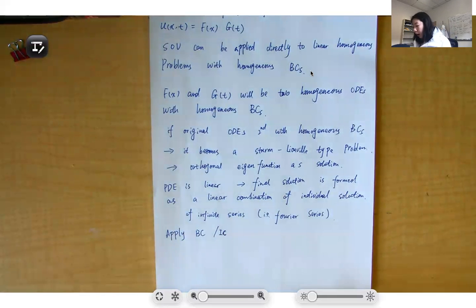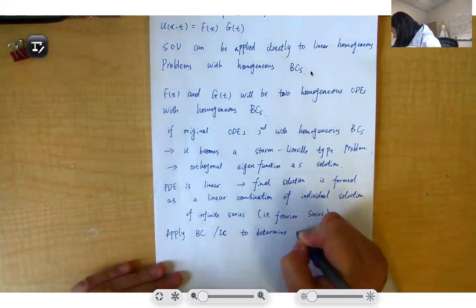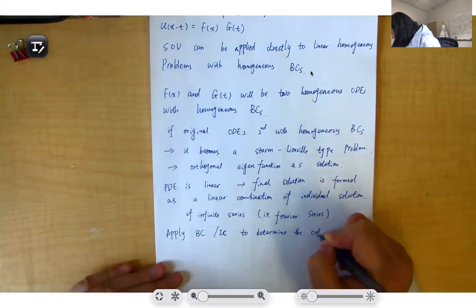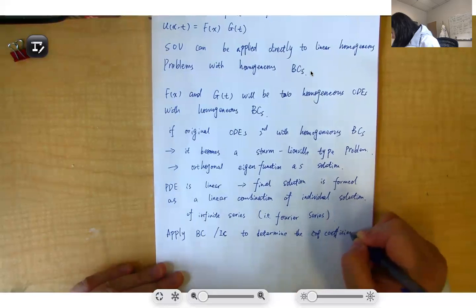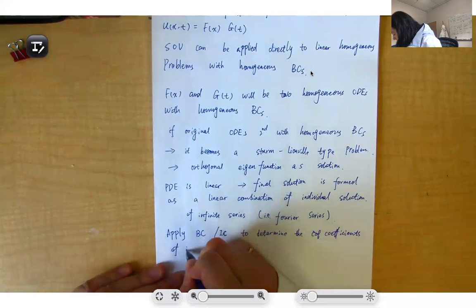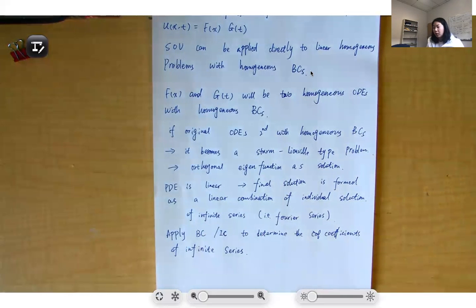You will apply some other boundary conditions or initial conditions to determine the coefficients of the infinite series. Okay, so this is the separation of variables method.